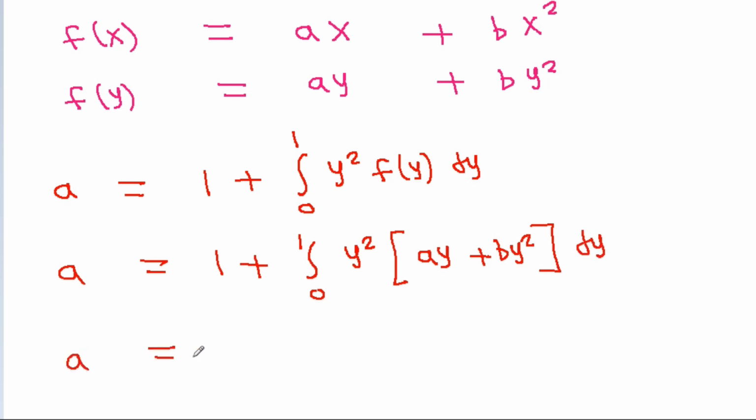So a is equal to 1 plus the integral from 0 to 1 of y square times ay, which will be ay cube, plus y square times b y square, which will be b y power 4, dy.